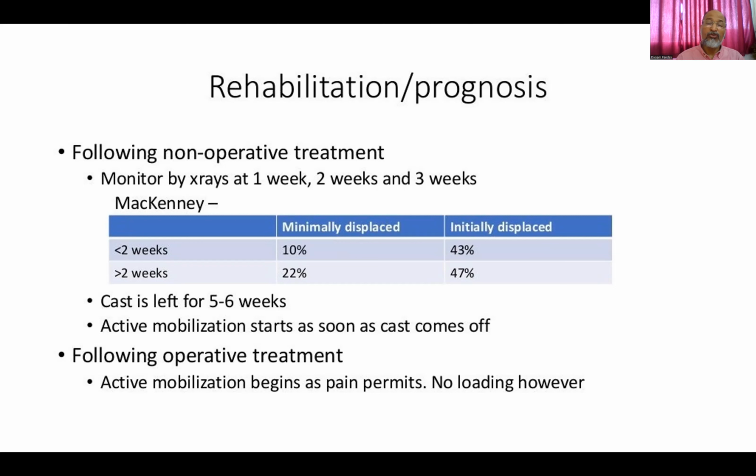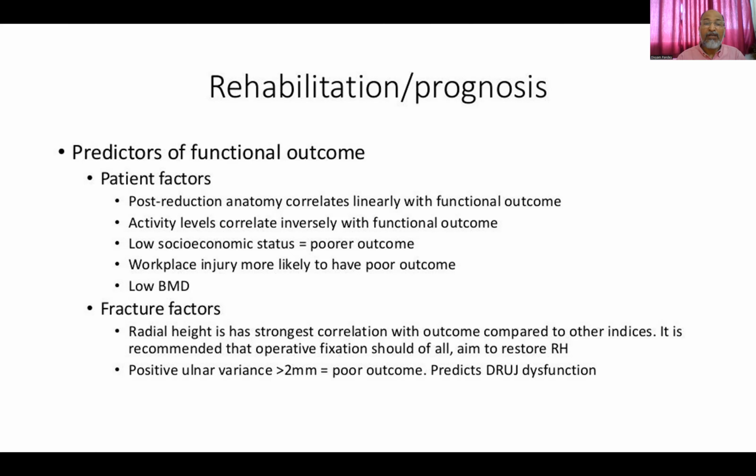Activity level of the patient correlates inversely with the functional outcome, and if the socioeconomic status and educational level are low, the understanding of the patient is not okay, then the outcome is poor. Workplace injury is more likely to have a poor outcome because of certain factors. Low bone mineral density, osteoporosis, has a poor outcome. In such cases, collapse is a very big problem in osteoporotic patients.